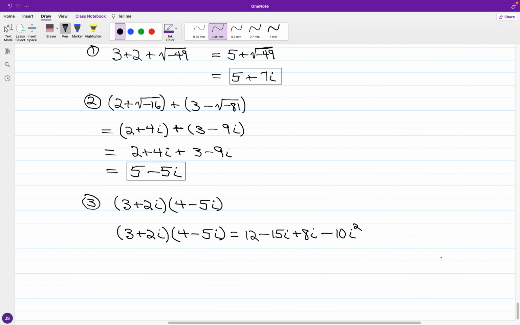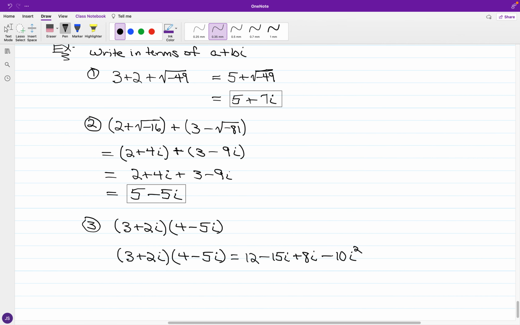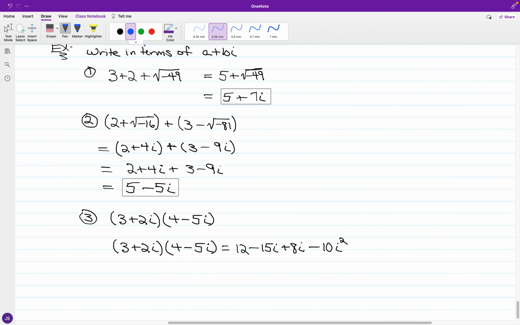And what I want to do here, notice the standard form is a plus bi, so there is no i squared term involved. Let me restate again, i is equal to the square root of negative 1, and i squared is equal to negative 1. So at this stage we got 12, and now negative 15i plus 8i, so we have negative 7i.